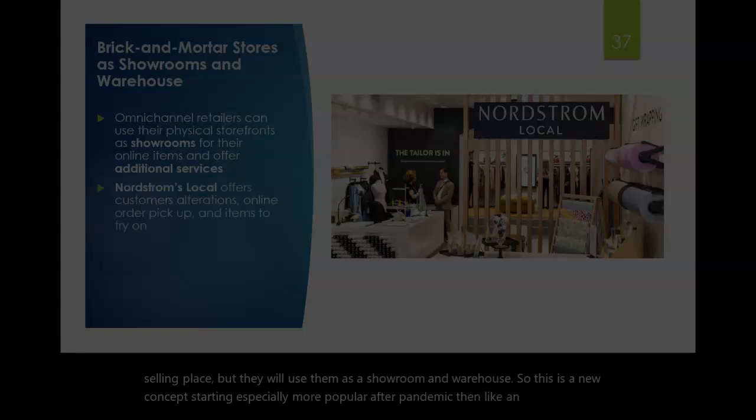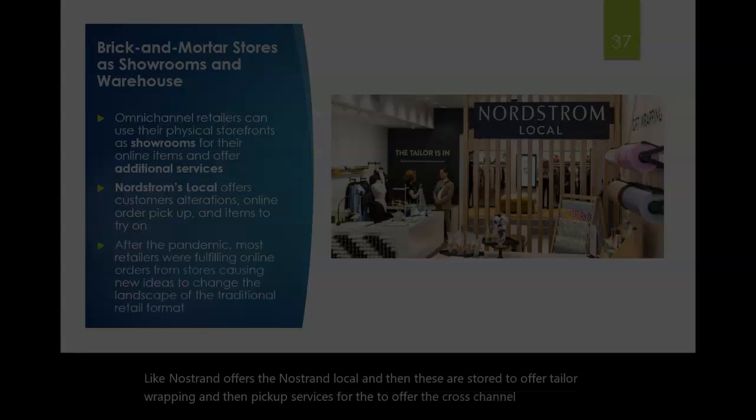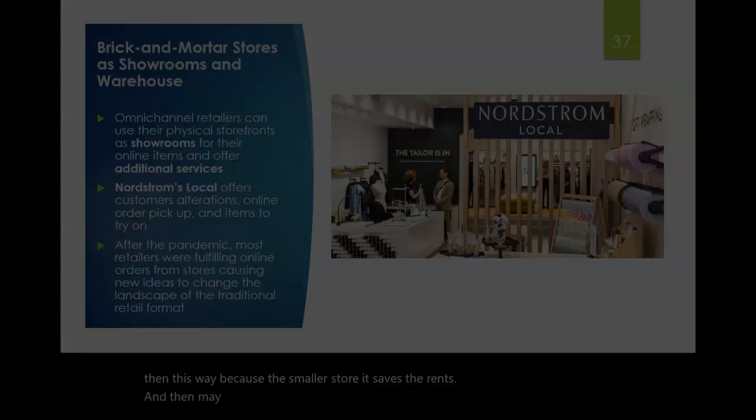Nordstrom and Macy's opened more smaller stores during the pandemic, like Nordstrom Local. These stores offer tailored gift wrapping and pickup services to offer cross-channel services to their customers. This is an important trend for omnichannel retailers to recognize. And because the store is smaller, it saves rent and may attract more customers as well.